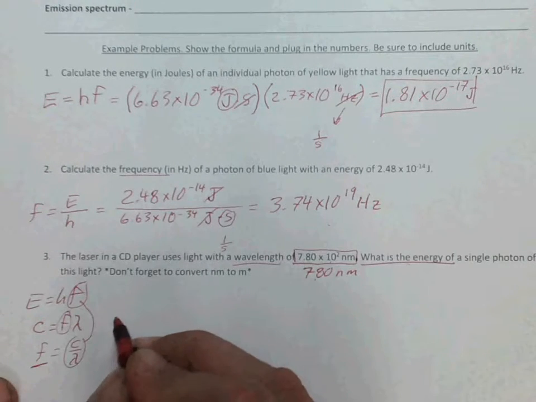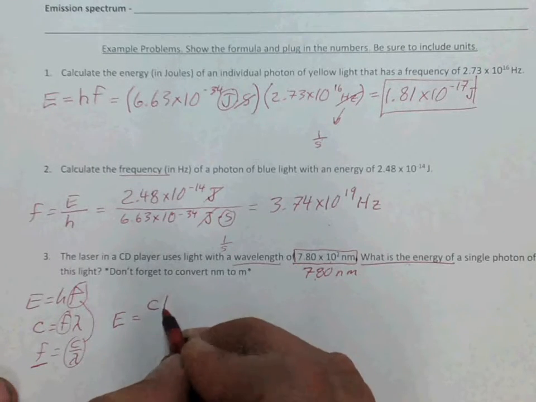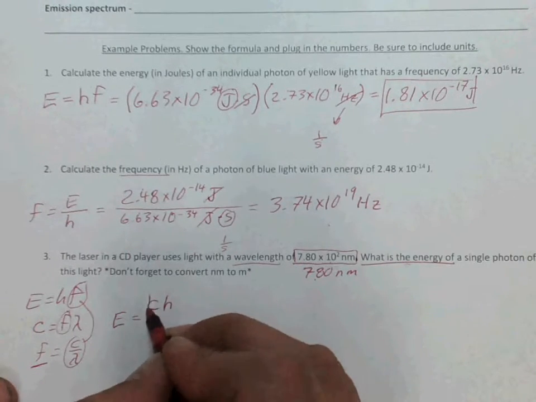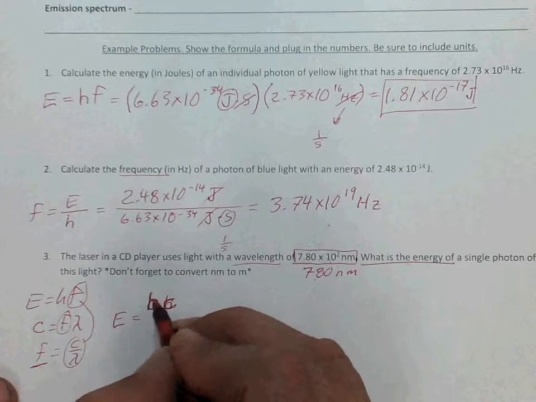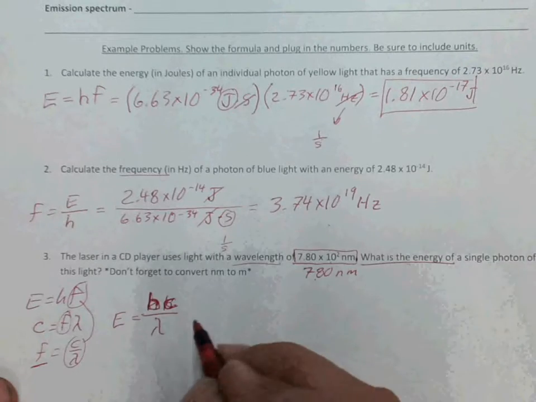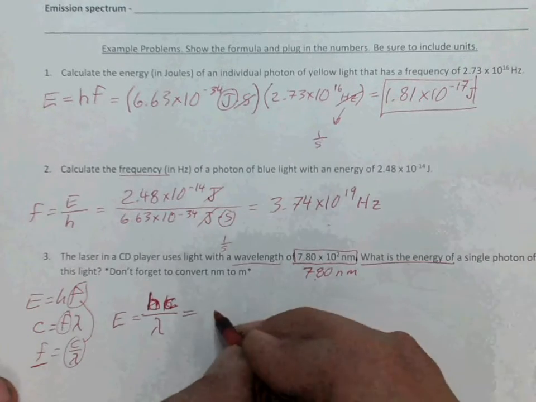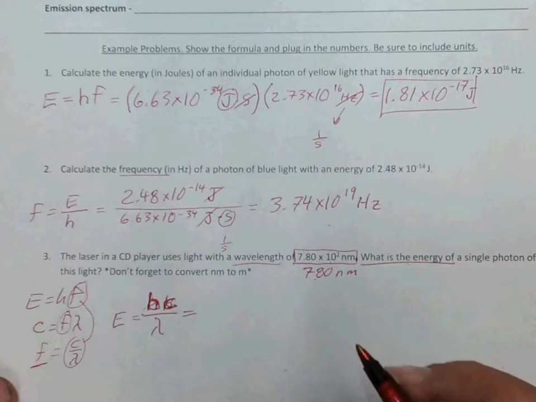And what I end up with is E is equal to H times C over lambda. E equals H times C over lambda. And the top two numbers are just constants.